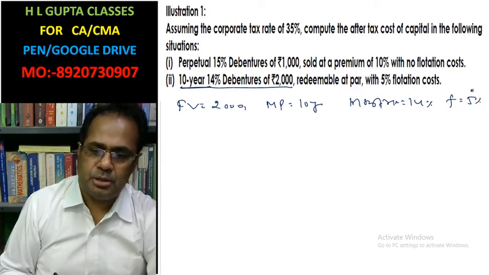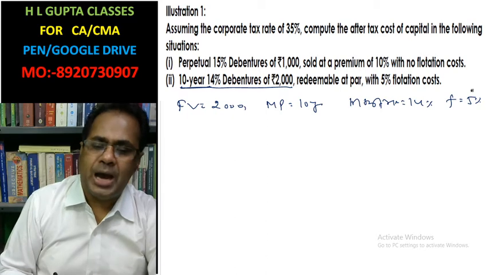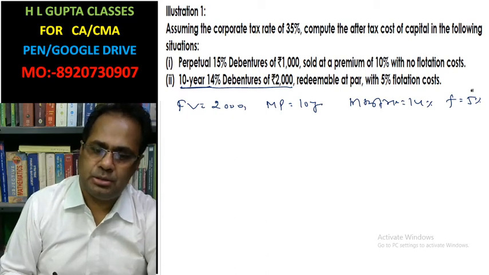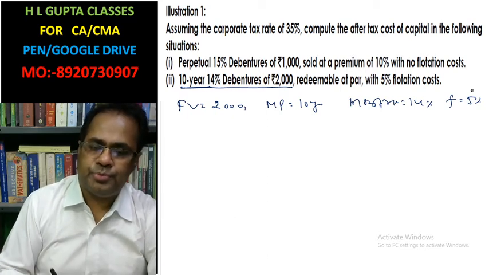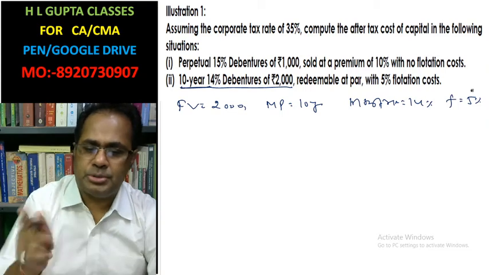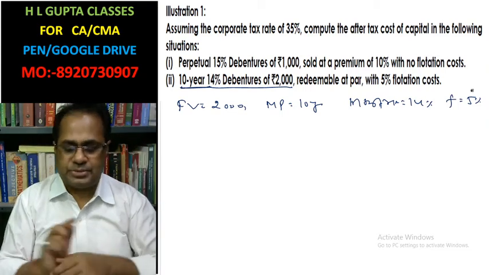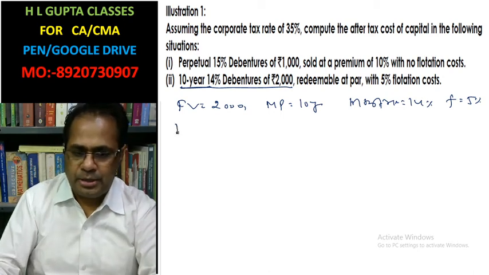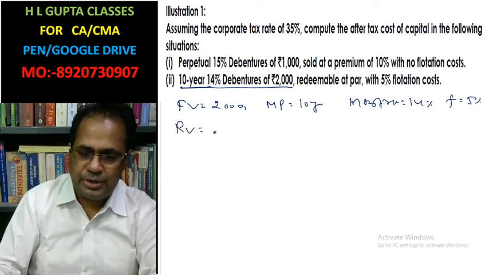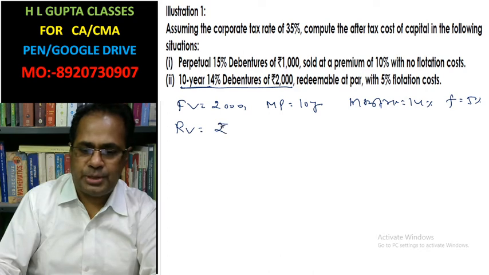Here we first have to calculate the redeemable value. If there is no information about the redemption, then redeemable value is assumed to be the face value. So here redeemable value is 2000.